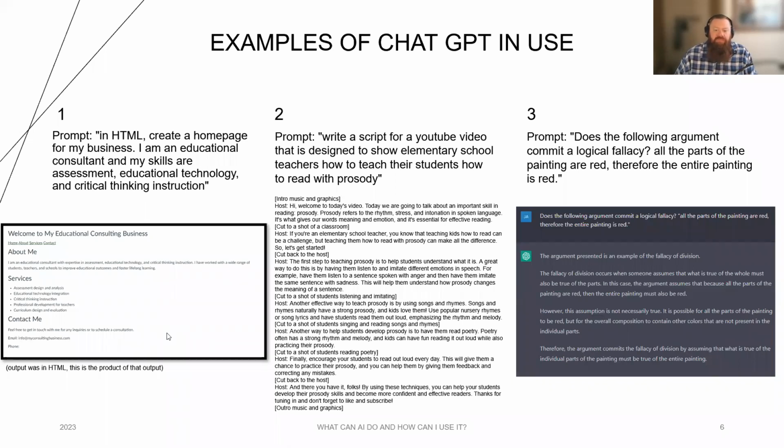It did create a sort of template for me, a place to put my email, a place to put my phone. Those links up at the top don't actually link to anything, because it's not connected to the internet. It can't find another page to link to, but it coded this in HTML.